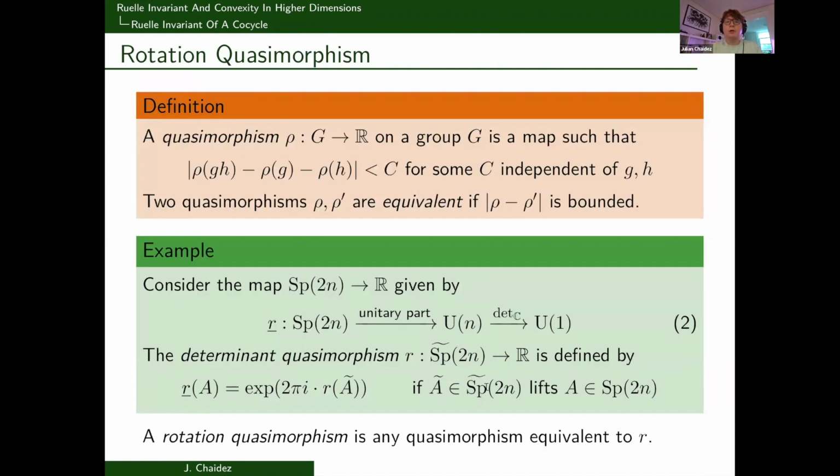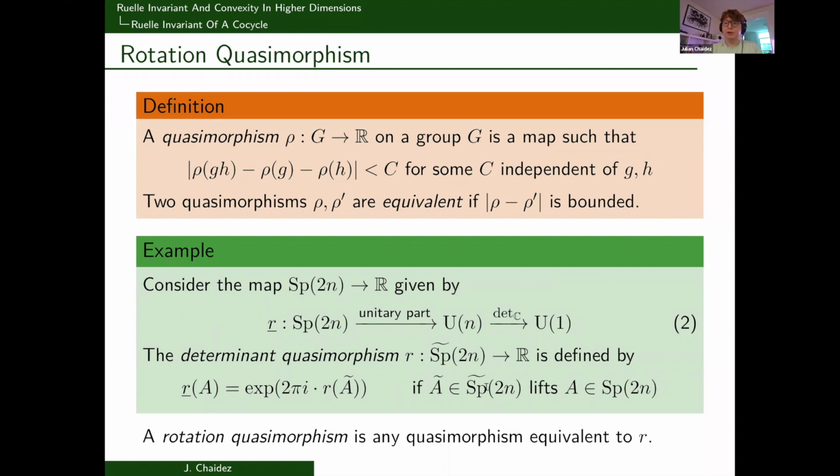So a rotation quasimorphism is, first, a quasimorphism. A quasimorphism from some group to R is a map that satisfies the group property up to a constant error term. That means it satisfies this identity in the definition. And two quasimorphisms are equivalent if their difference is uniformly bounded.